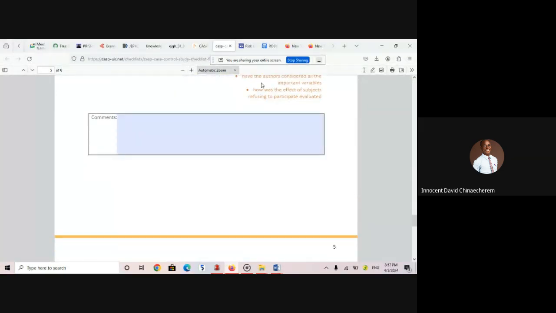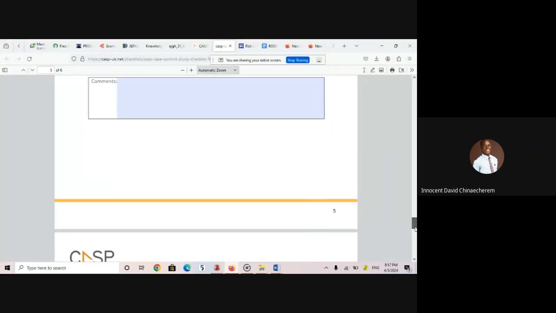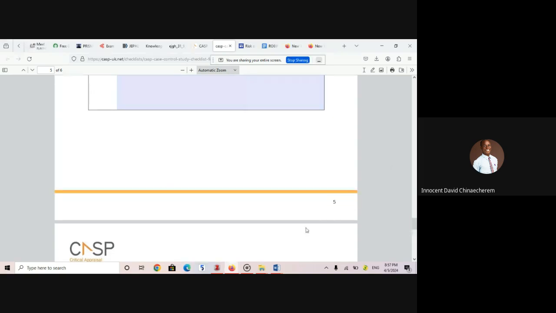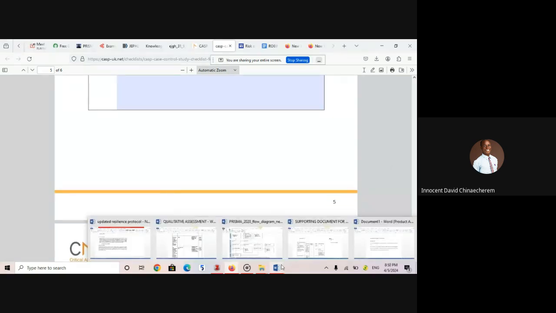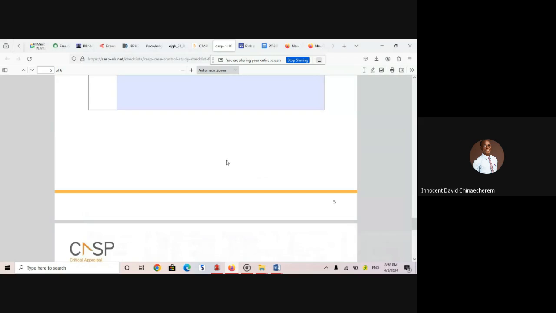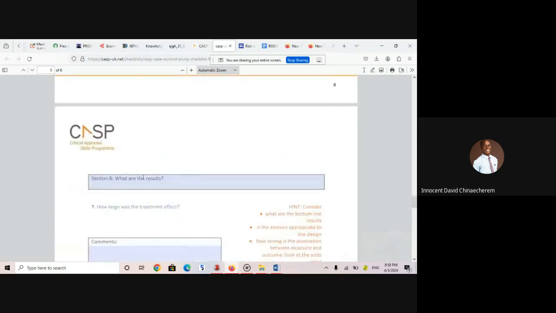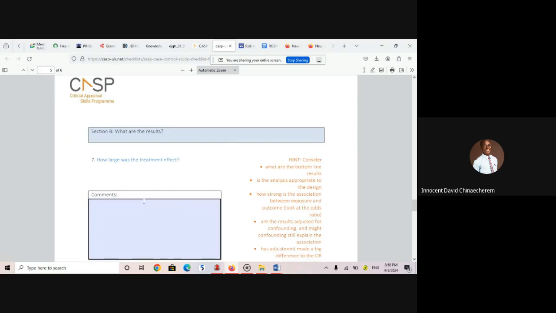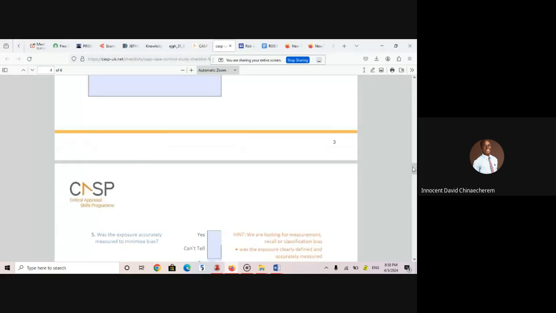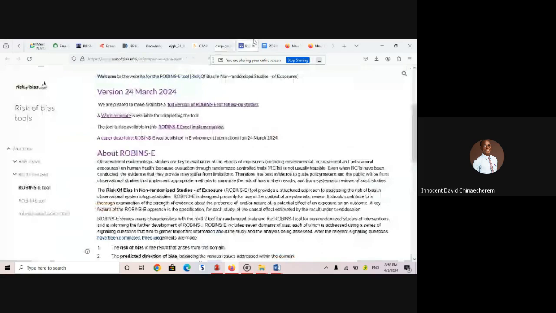For those of us that are addressing the nutritional review, you will have to make comments for any score you assign at any domain. Why did you assign that? It's very important. So the CASP checklist actually makes it very clear for your risk of bias, as well as the Robins scale and the Cochrane risk of bias.